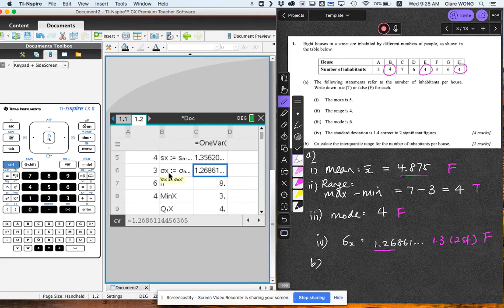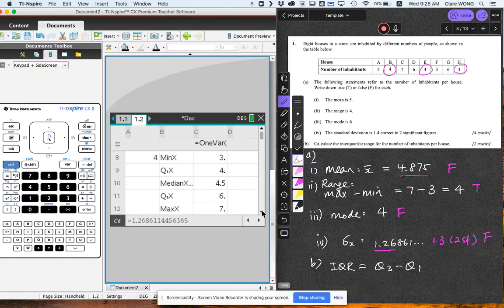B. Interquartile range. So the IQR is equal to Q3 minus Q1. And from here, you can also already see your Q3 is 6 and your Q1 is 4. So your IQR is 2.